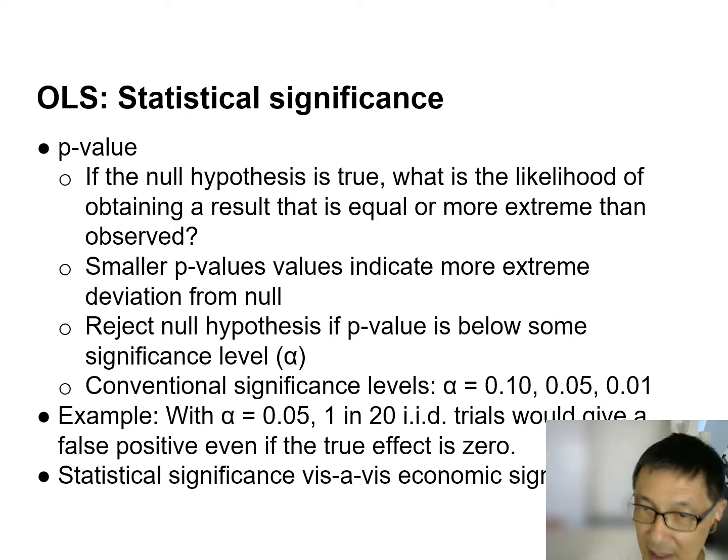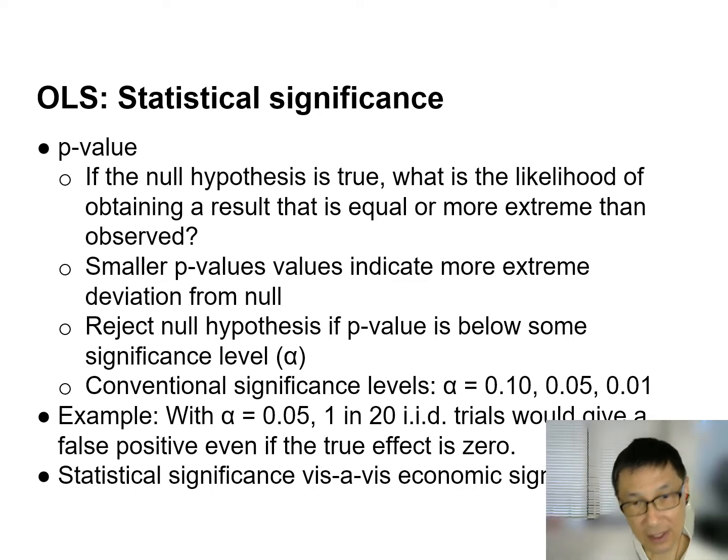Now, let me stress that we may find that beta subscript 1 is statistically significant, in the sense that we can reject the null hypothesis that beta subscript 1 is 0 with, say, an alpha of 5%. That is statistical significance. A completely separate matter is economic significance.